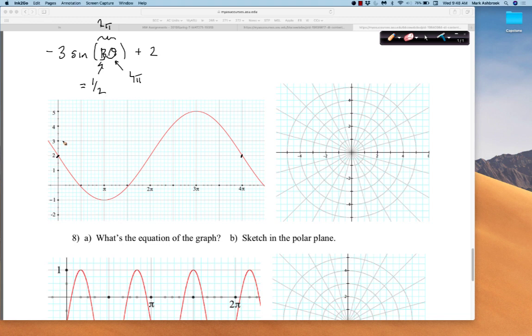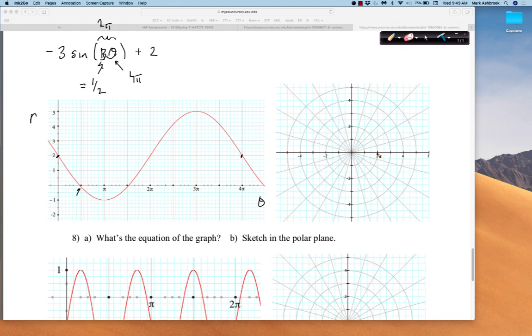And so then we're going to say as theta goes from 0 to pi over 2, or about something close to that, pretty close, what does r do? So we're thinking r's up here, theta's on here. What does r do as theta goes from 0 to pi over 2? Decreases to 0. So we're going to start at 2, and by the time we get to pi over 2, it's going to be 0.